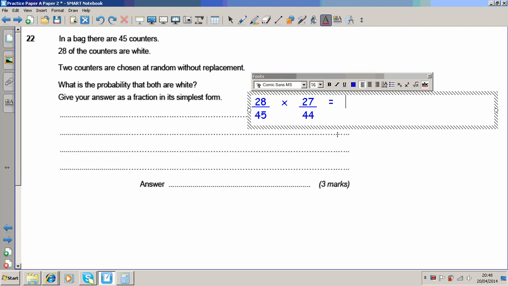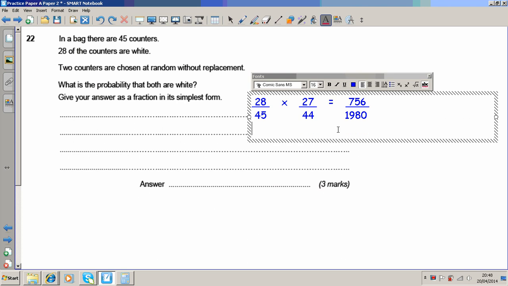Now your calculators might be capable of typing them in and getting straight to a simplified form. If not, then 28 times 27 is 756, and 45 times 44 is 1980, so 756 over 1980.